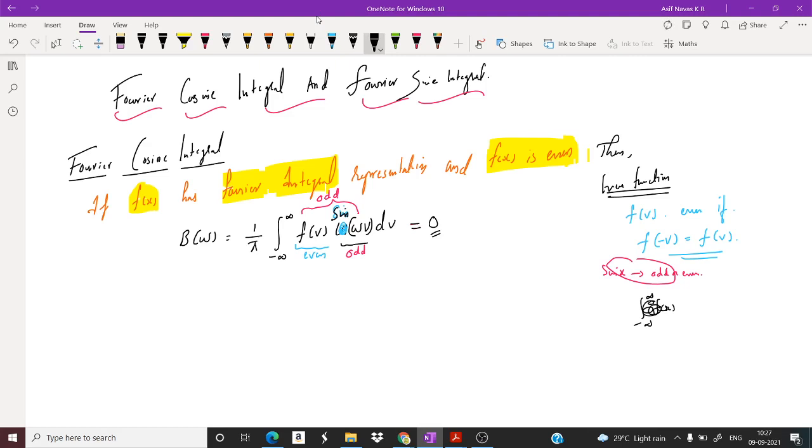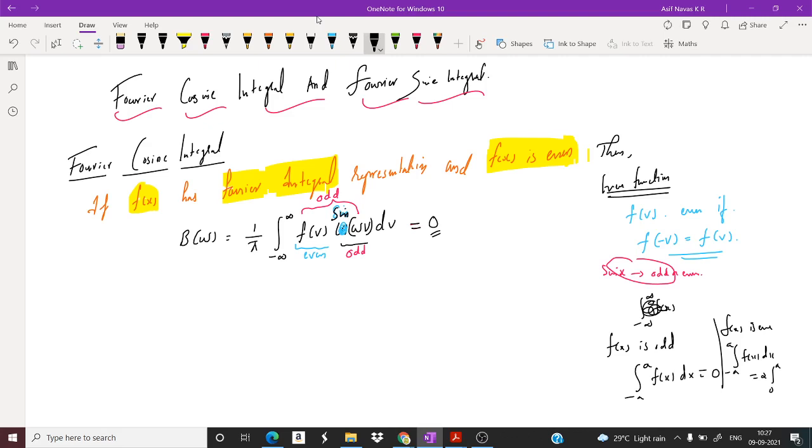So if f of x is odd, then we know that integral minus a to a f of x dx is equal to 0. F of x is even, then we know that integral minus a to a f of x dx is equal to 2 into integral 0 to a of f of x dx.